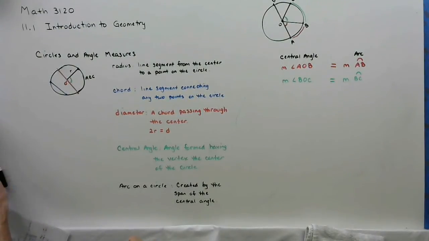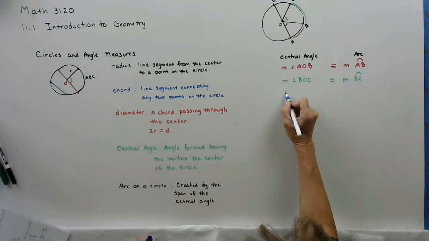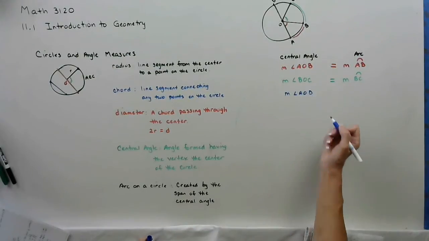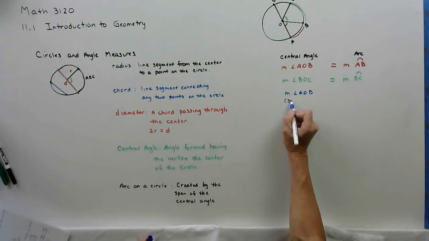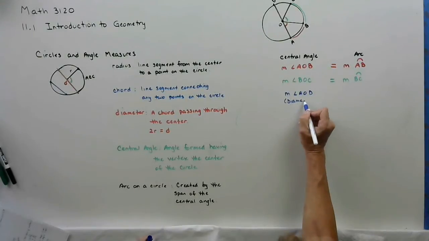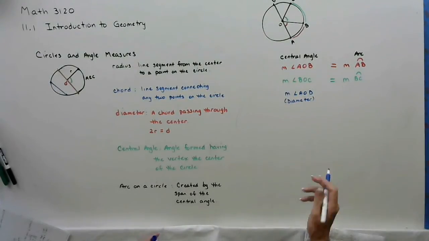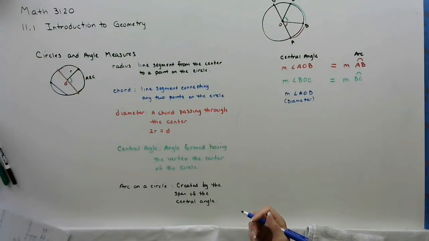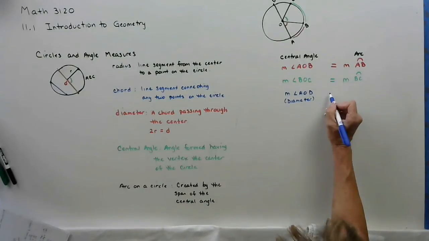So following this up, if I give you the diameter, well, let's think about this. The measurement of AOD, which we said was the diameter, well, the diameter goes all the way across. We already know its measurement. It's going to be 180 degrees.